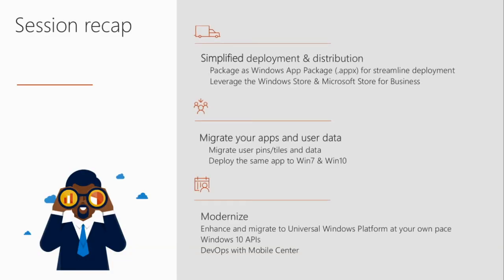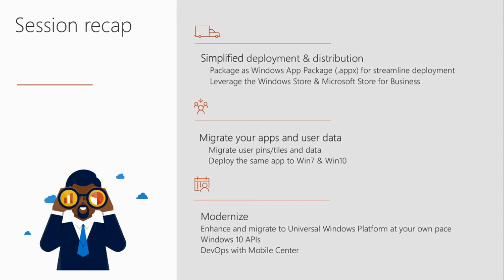So let me recap. What did we learn today? We learned how easy it is to take our current solution and package it as an Appx, as a Windows application packaging package, then distribute it to the Windows Store or to the Microsoft Store for Business.